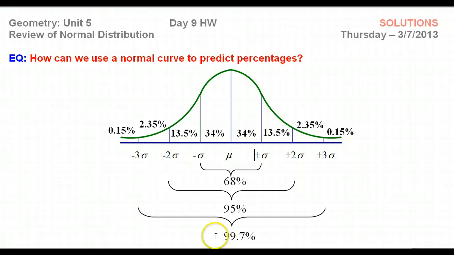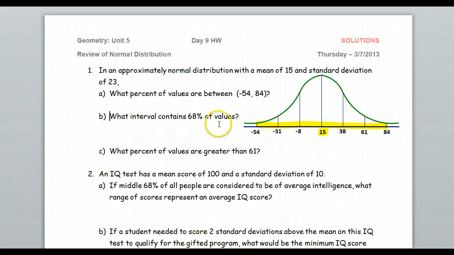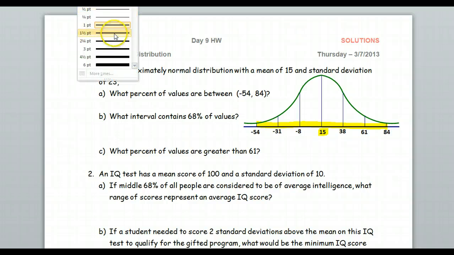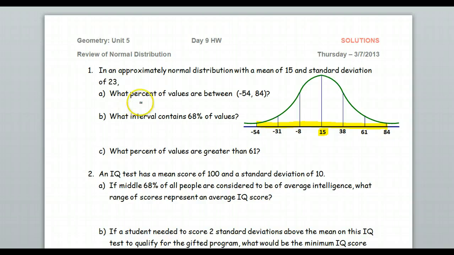And like I said, if we go 3 standard deviations out, that should be 99.7% of the data. So that is 99.7%.